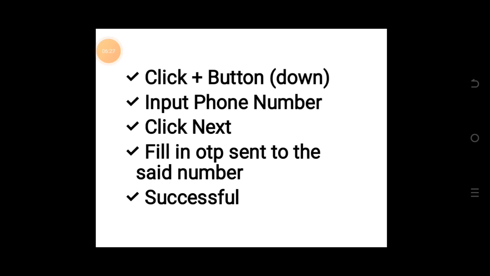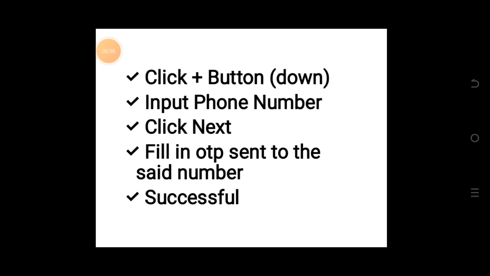When you click on next, an OTP, a one-time password, will be sent to that phone number, so make sure it's active. When the OTP is sent to you, fill it into the box provided and click on next. And that's it. The next thing that appears on the app is Successful.